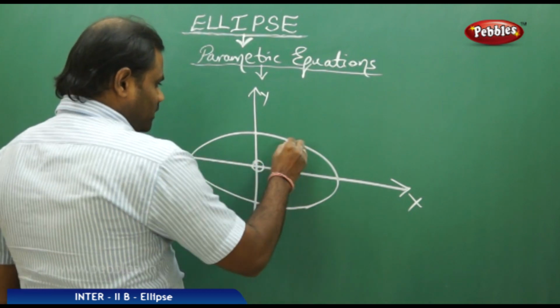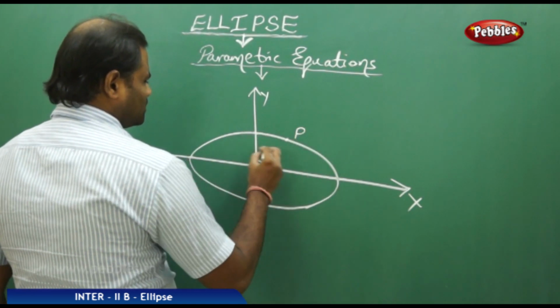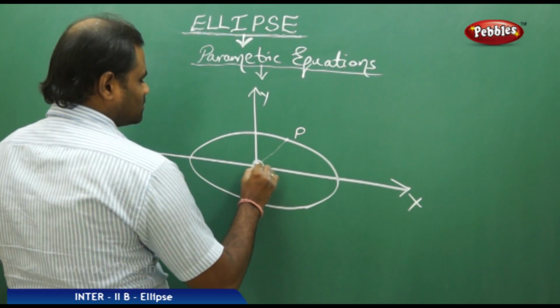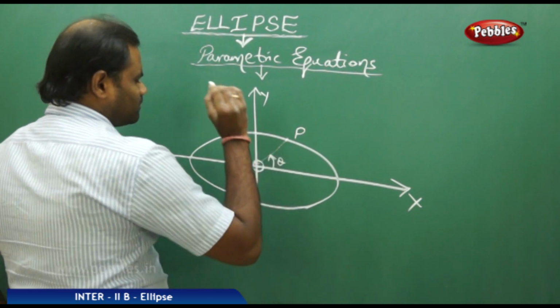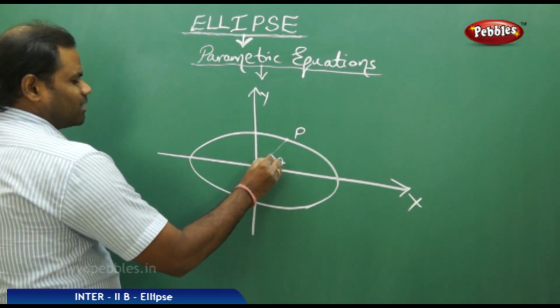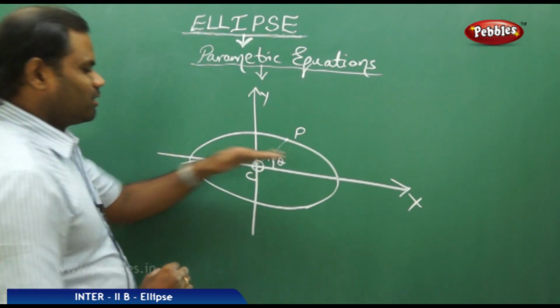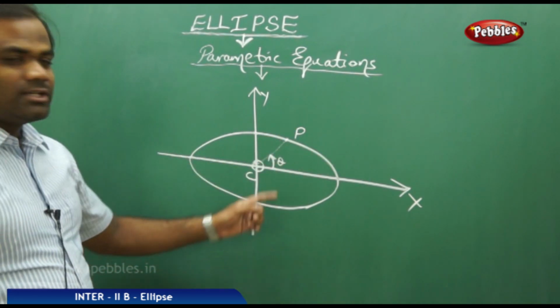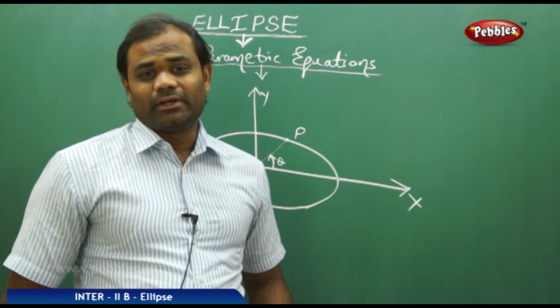Now if I take a point P on the ellipse and join it with angle theta, and let theta be the angle made by this point with the center of the ellipse along the x-axis. With this angle theta, we will define the parametric equations of the ellipse.